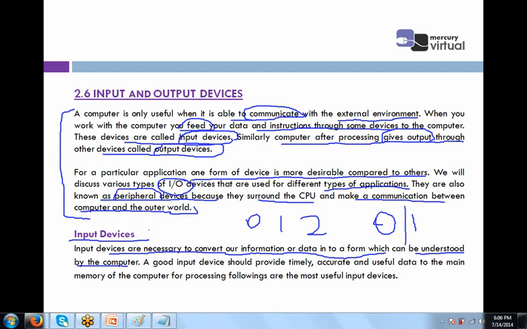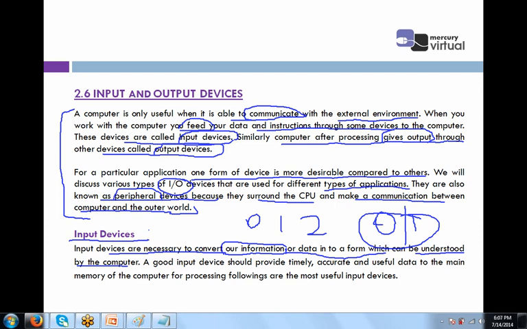So it is necessary to convert our information, which human beings understand, that is 0, 1, 2, 3, 4, anything, into a form that can be understood by the computer, that is 0 or 1. So an input device is basically used for converting human readable form to the computer readable form. Human readable form means which is understood by human beings. Computer readable form means that is understood by the computers.